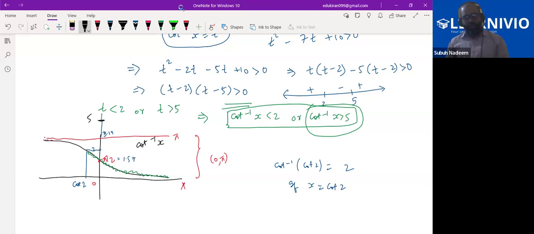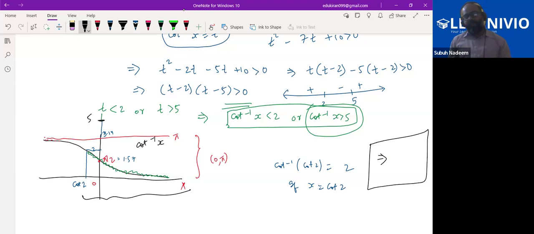So less than 2, of course, it will come, but greater than 5, it can't come. So less than 2 is coming from cot 2 to infinity. So we will say the answer would be x belonging to cot 2 to infinity. Just write it down.